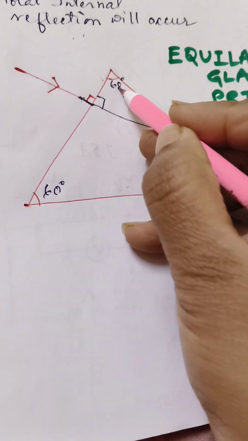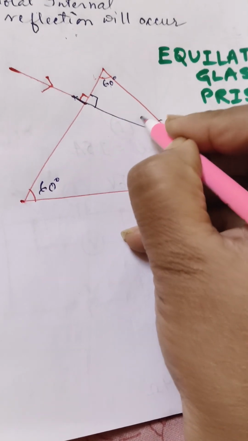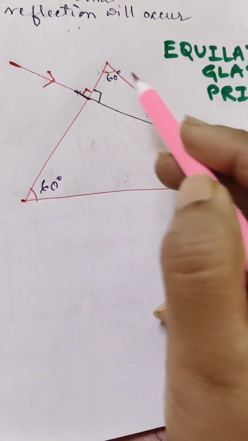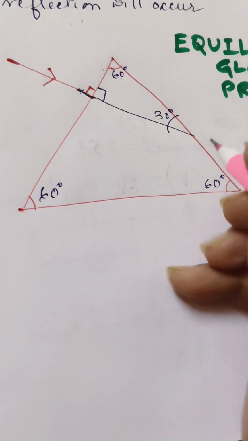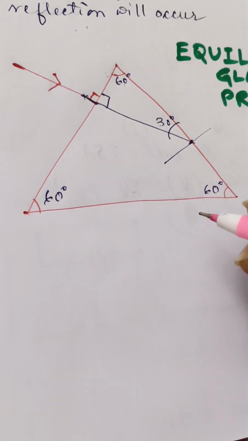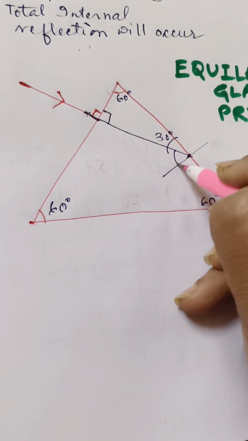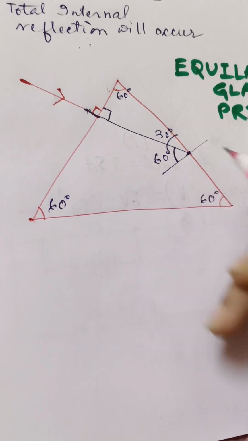This is 60 degree, so obviously this angle has to be 30 degree, since the sum of the internal angles of a triangle is 180 degree. Now at this point of incidence, you draw a normal. As soon as you draw the normal, the angle of incidence at this surface becomes 60 degree.